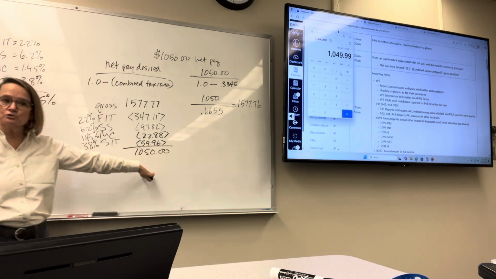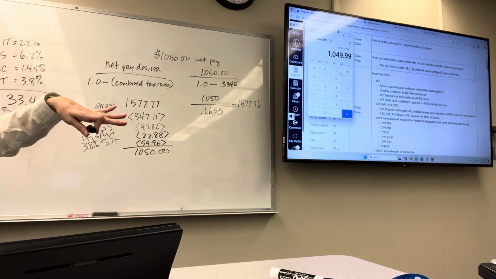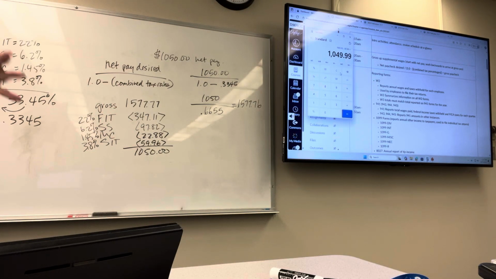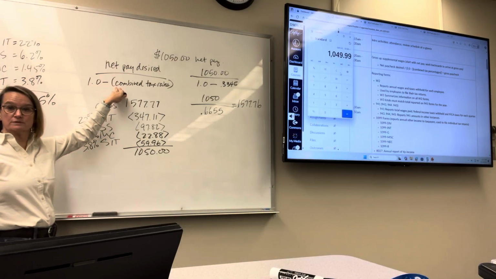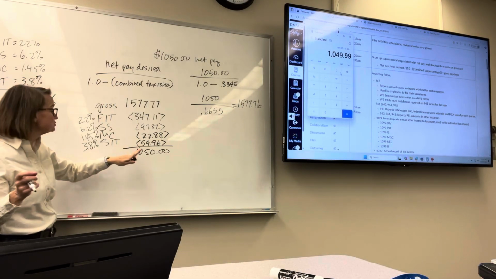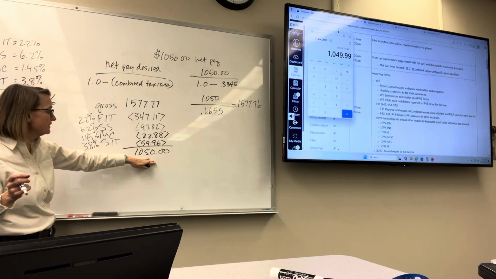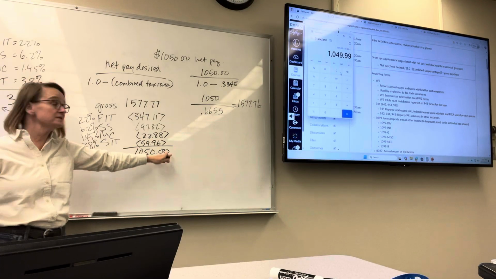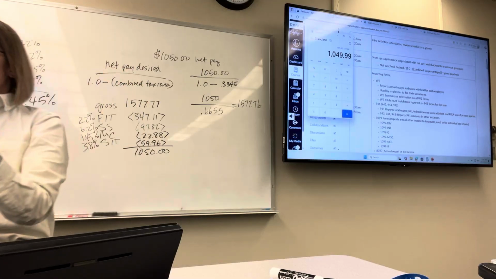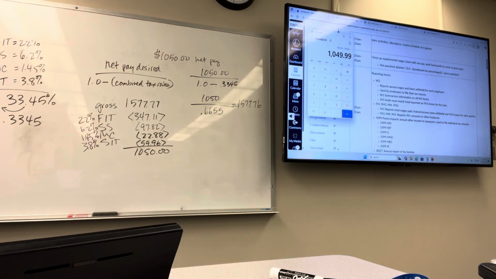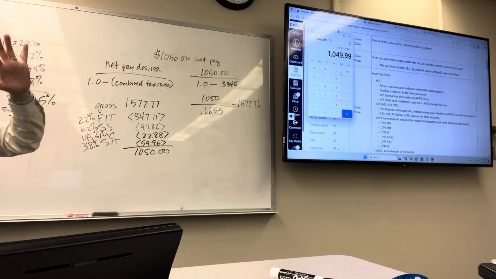So if you are off because of rounding, because we're using those percentages, what you do is you adjust the gross amount by the amount needed. So if this had come out to 1,050.01, we would subtract a penny up here. But you should get very close. You should really be within a penny, maybe 2 pennies.